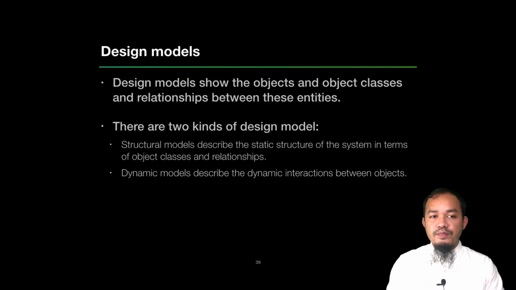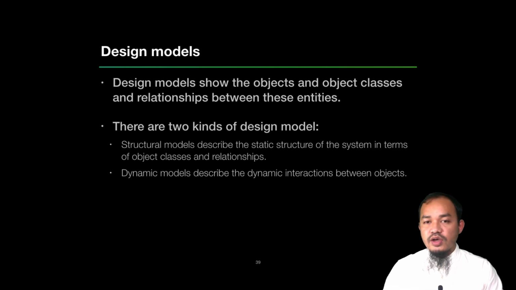The main point of the design model is to see the entities inside the system, how they describe and interact with each other. The design model can be divided into two types: structural and dynamic models. Structural models describe the object classes and their relationships, the static structure, meaning there is no interaction.